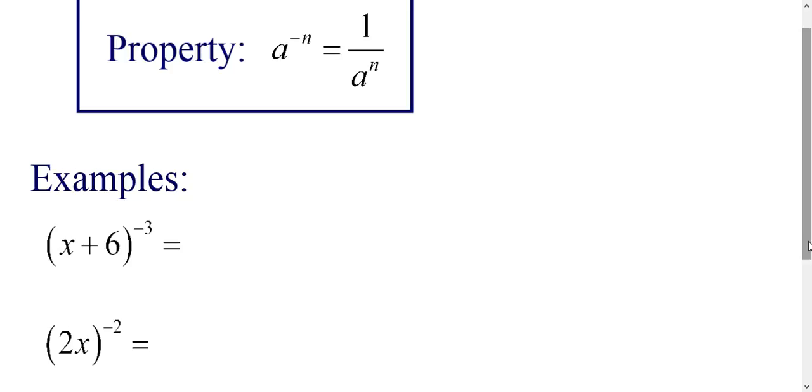You may have heard it said, hop the line and change the sign. Hop the fraction line, change the sign. So right now, it's in the numerator, you hop the line, change the sign to a positive.